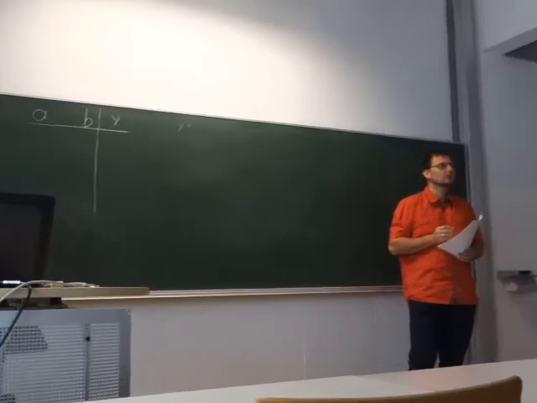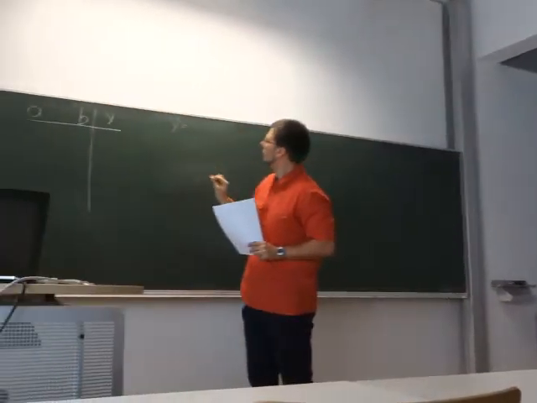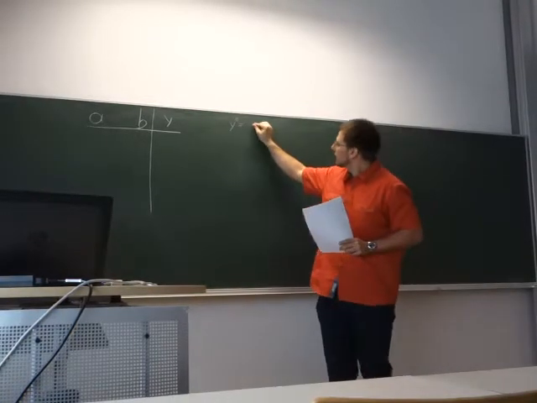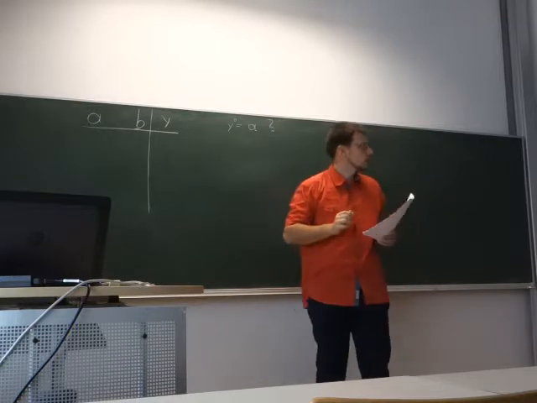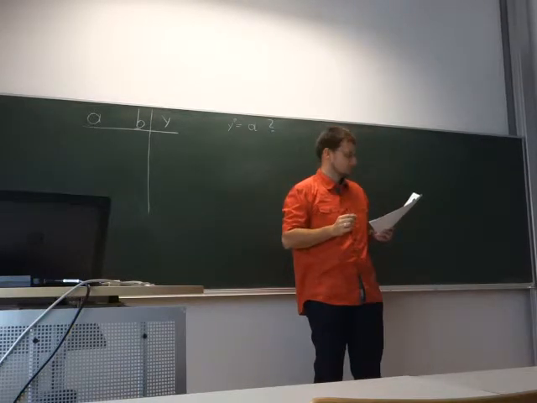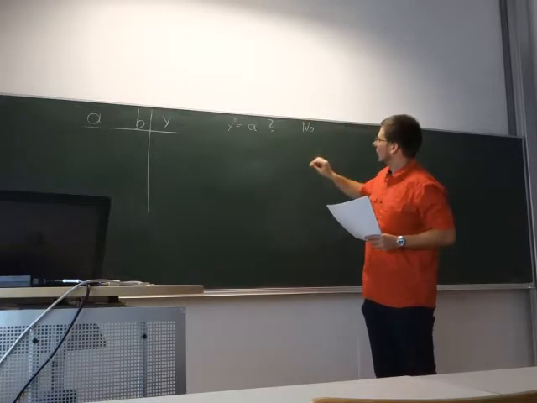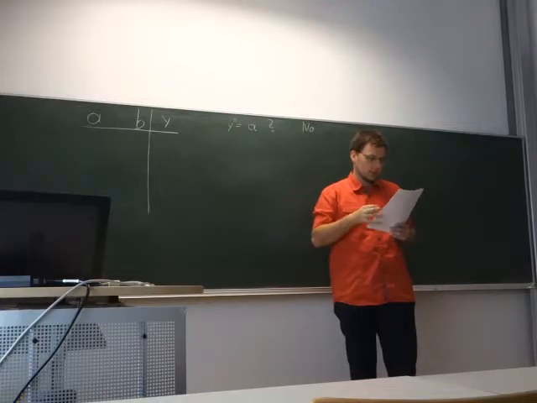First guess, please. Is y a? Okay. First guess is y equals a. What's your answer? No. The answer is no. Okay. Why not? I have to give a counterexample.